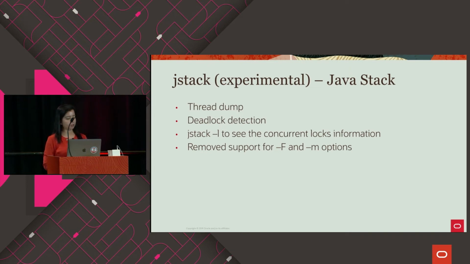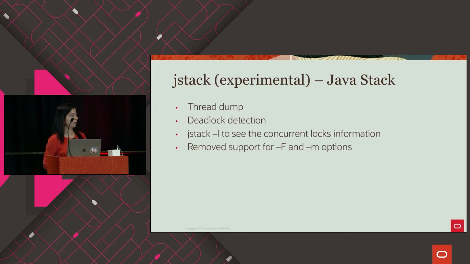An important option that can be used with JStack is -l, which prints the concurrent lock information. By default, if you obtain a stack trace from a Java application, it does not print the concurrent lock information. So, we need to use -l to get that.